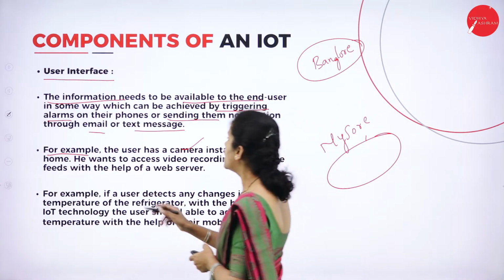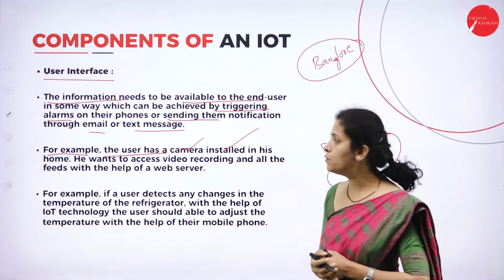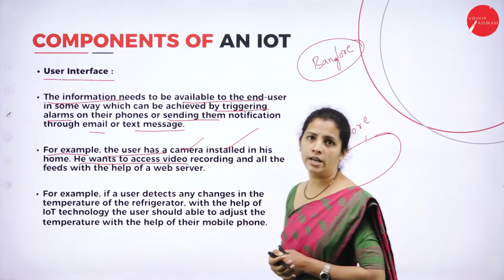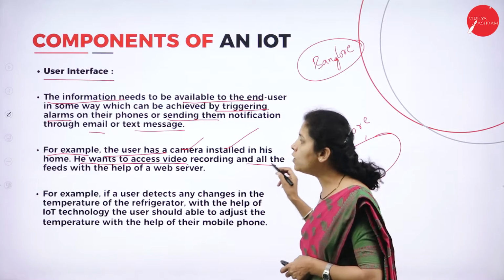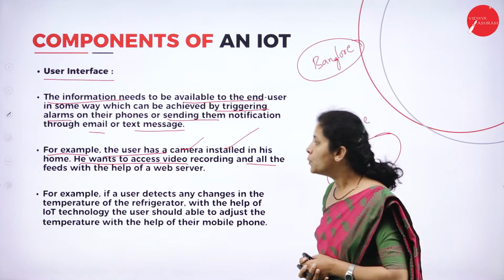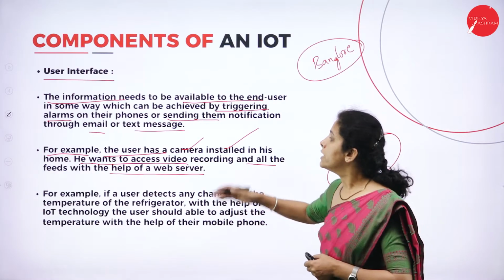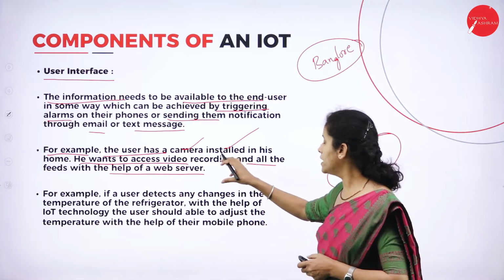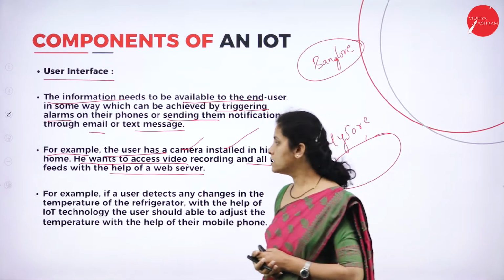So here the user has a camera installed, connected to the cell phone. He wants to access the video recording and all the feeds with the help of a web server.